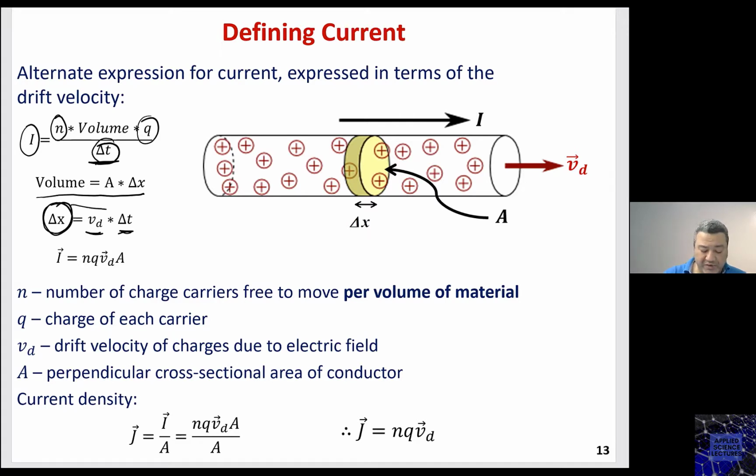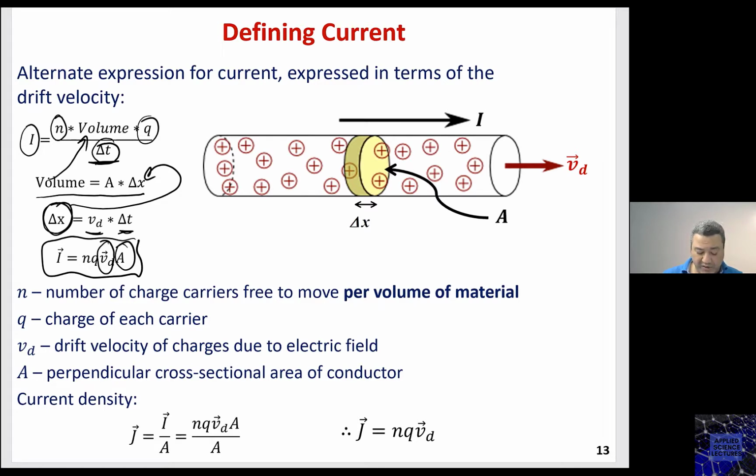Then if I substitute this into the equation, I get the current equals N, the carrier density in volume, times the charge, times the drift velocity, times the cross section of the wire. This is the current given in terms of the drift velocity.